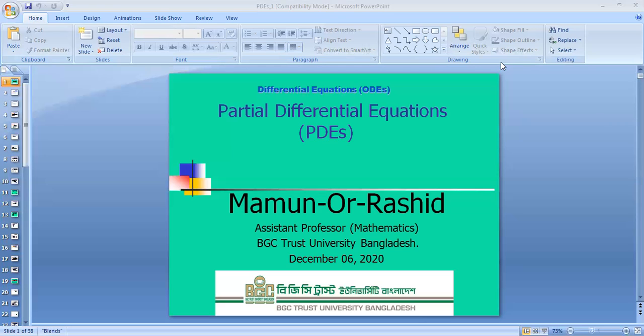But in partial differential equations, there is a little bit of difference. In partial differential equations the unknown function will depend on more than two variables, and the known function also may be more than two.